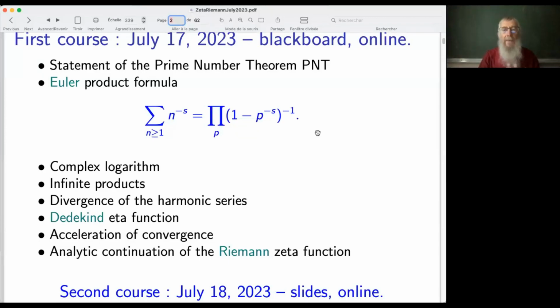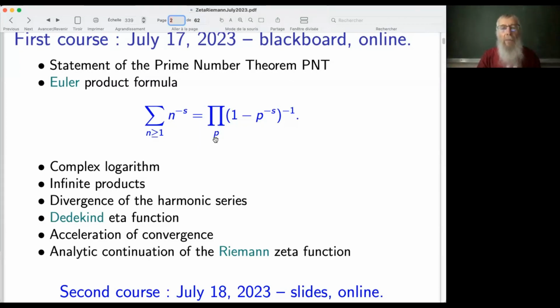And in this domain, the infinite sum of n to the minus s is equal to an infinite product, which is the product for the prime numbers p of 1 minus p to the minus s, to the minus 1.